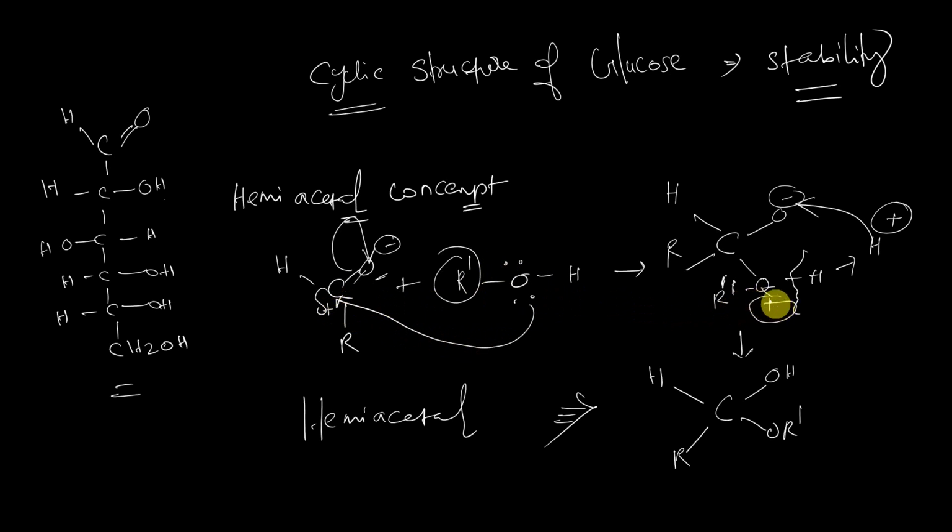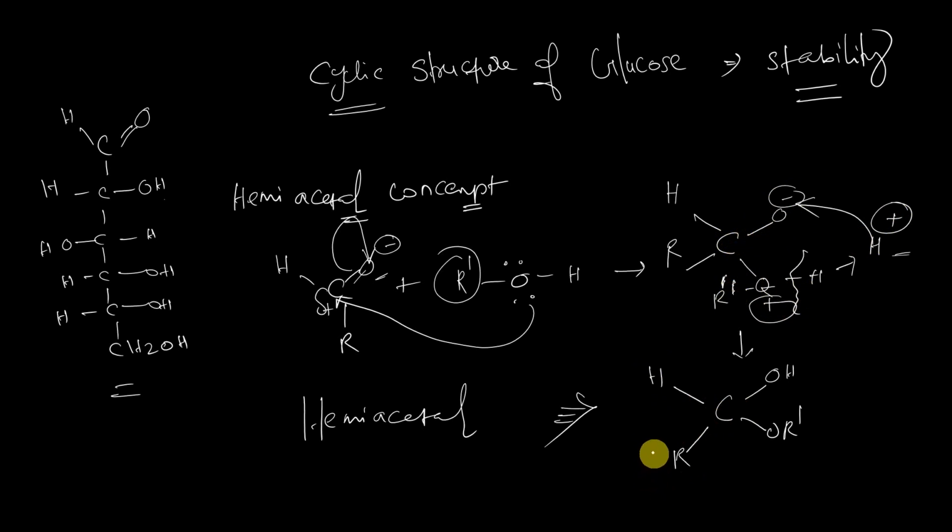So in order to quench the thirst, this positively charged oxygen pulls the electrons of the oxygen-hydrogen bond and releases a hydrogen devoid of electrons as H plus. This H plus goes in contact with the O minus, and it forms a bond there. So the positive charge of the oxygen has been quenched. Now we get the hemiacetal structure, right?